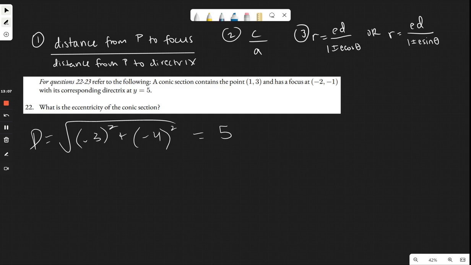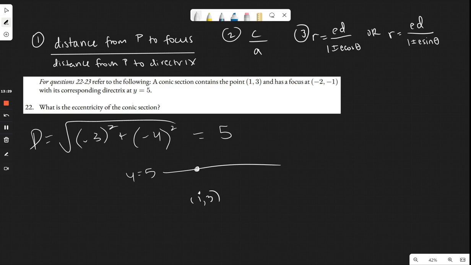Now we need to find the distance from the point to the directrix. So now we think, this point is at (1, 3), and the directrix is at y = 5. So this is y = 5. This perpendicular, remember the shortest distance from a point to a line is the perpendicular distance.